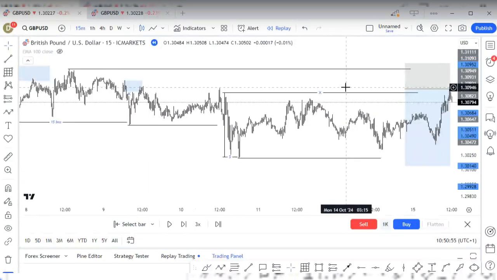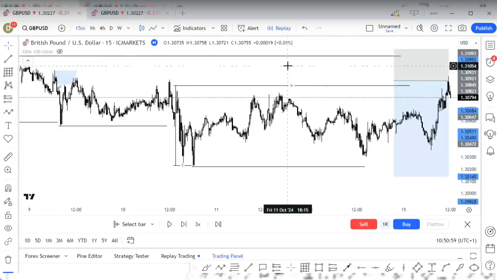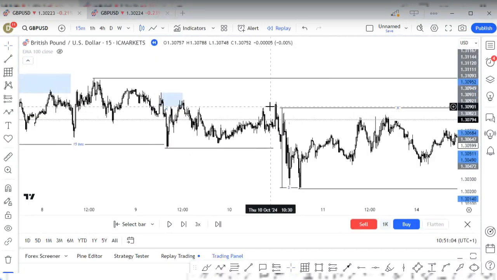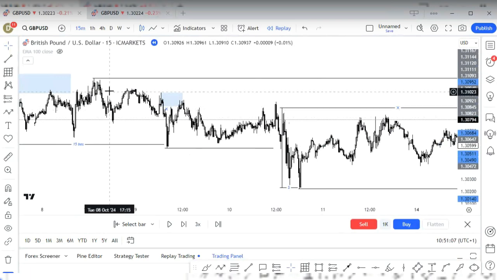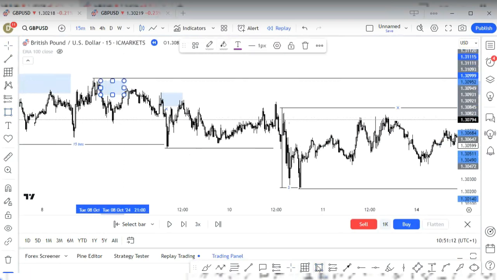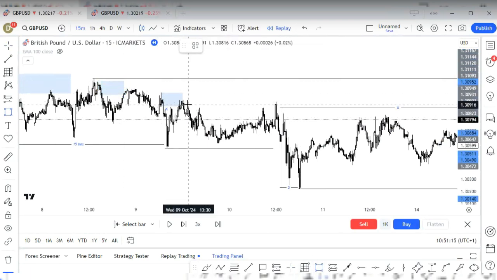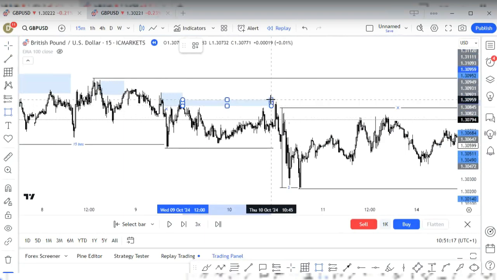In this case, why I did not mark the POI is that all these POIs have been mitigated. So it's only the inducements that can attract the market to that level. All has been mitigated.